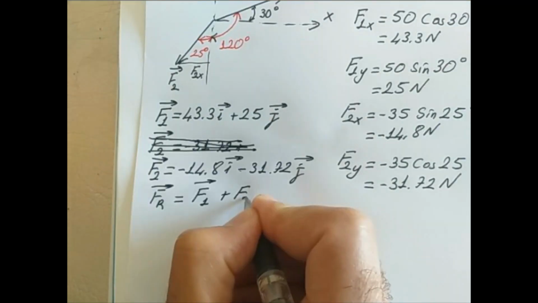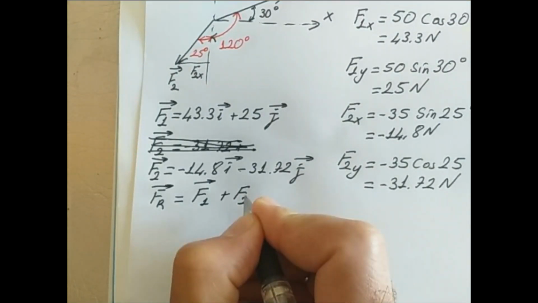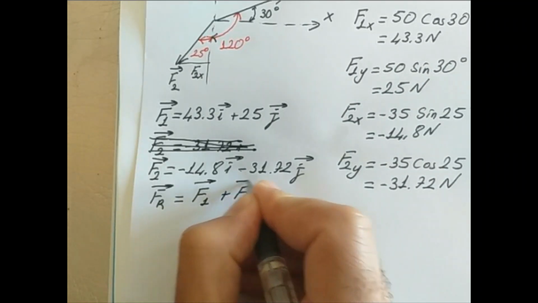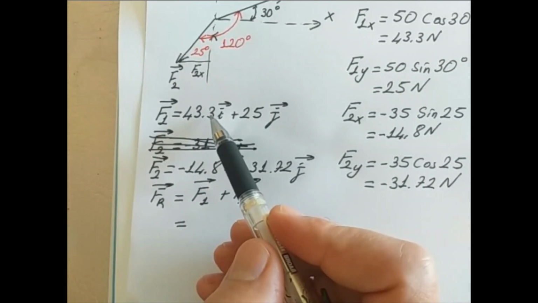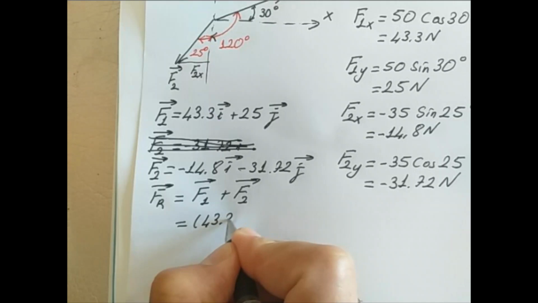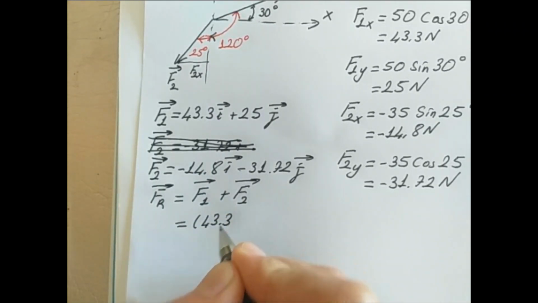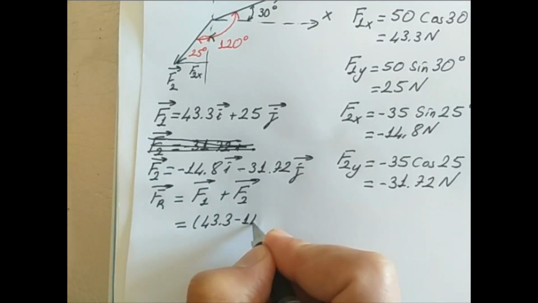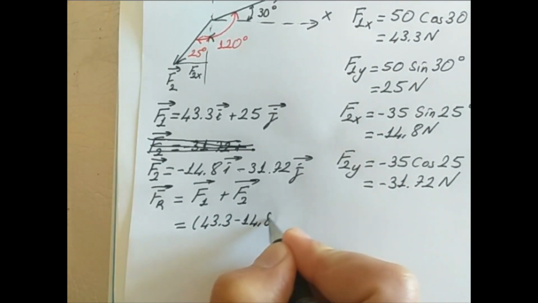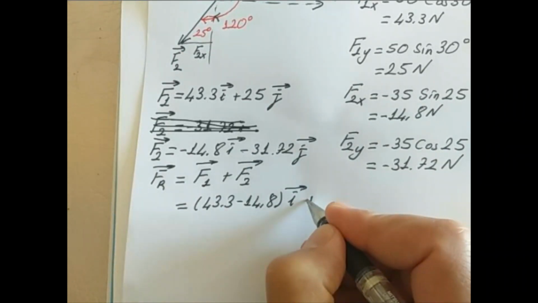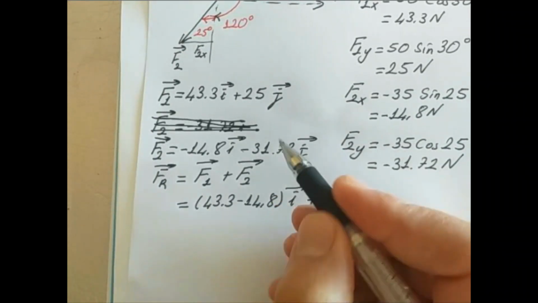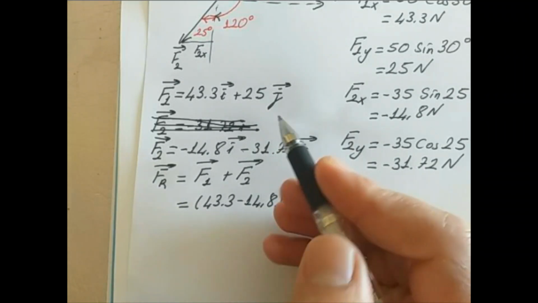So 43.3 minus 14.8 i vector plus y components, so 25 minus 31.72 j vector.